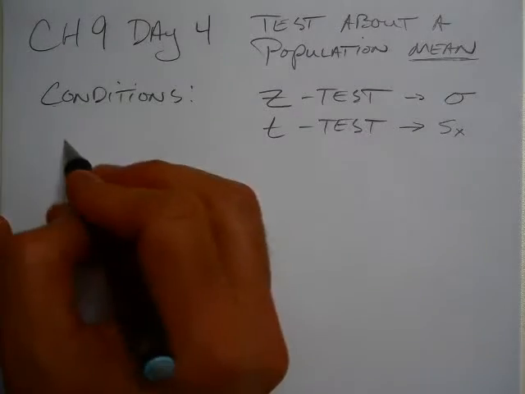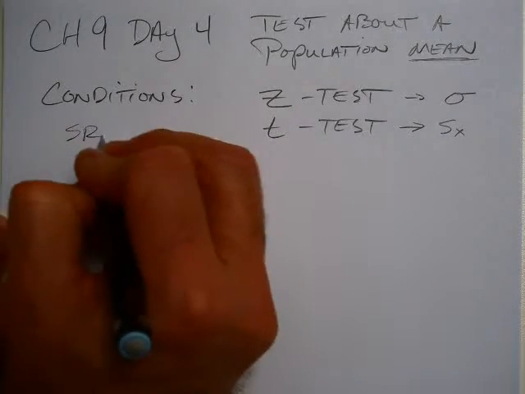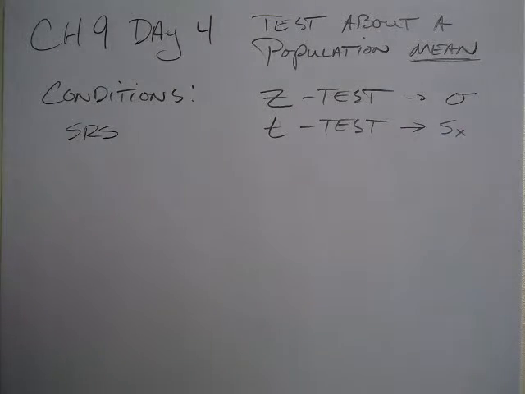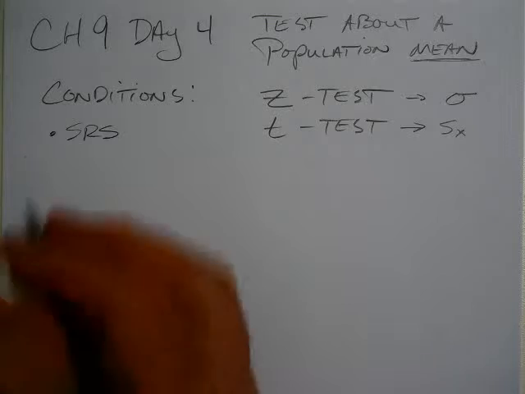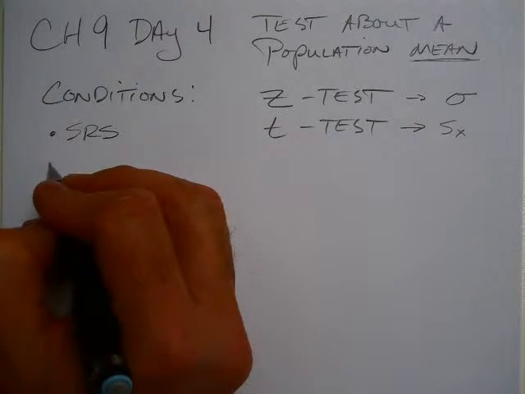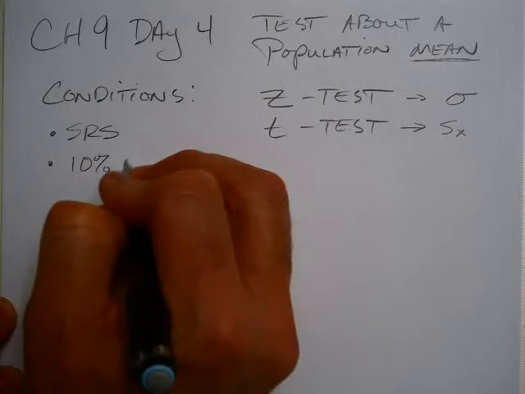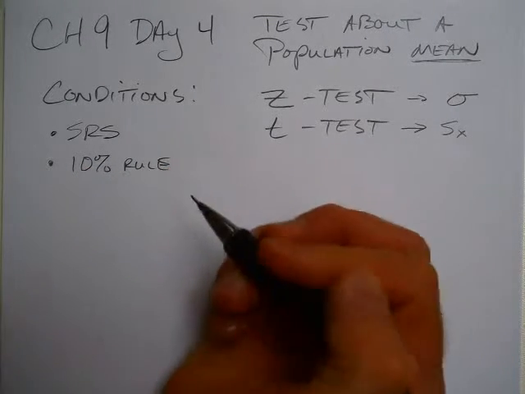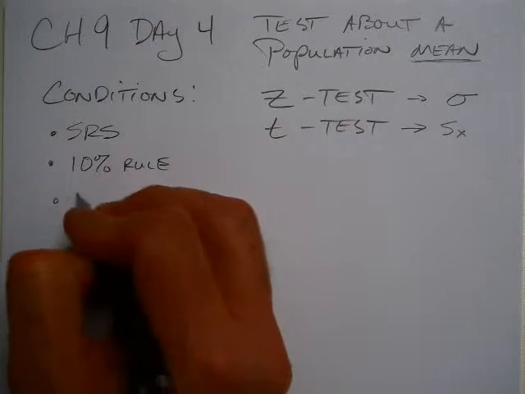The conditions are what we've seen before. SRS, right? That's consistent for all tests or confidence intervals that we've seen. The 10% rule, that's also been consistent, no changes there. But now that we're talking about means, we also have normal.